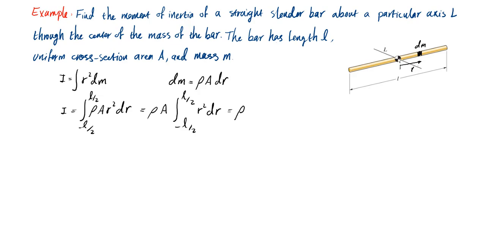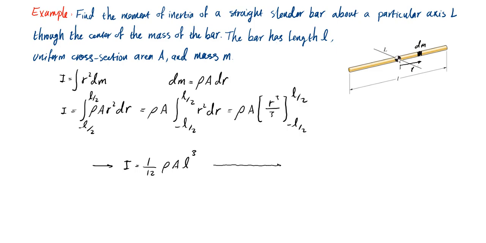And we can take that integral and plug in the values. So it would be r cubed over 3 from minus L over 2 to L over 2. Which means if you replace that, you will get I equals 1 over 12 rho A L cubed. Now, this is good. This is pretty much the moment of inertia for a slender bar rotating around its center. But we are usually given the mass, not the area and density. So I'll do the reverse and convert this into mass.